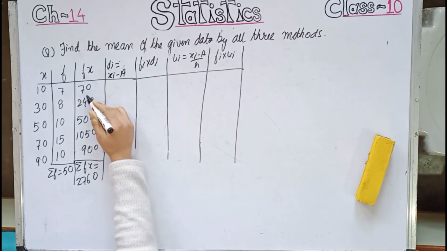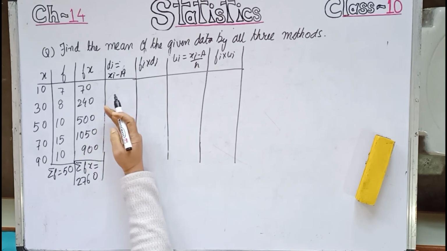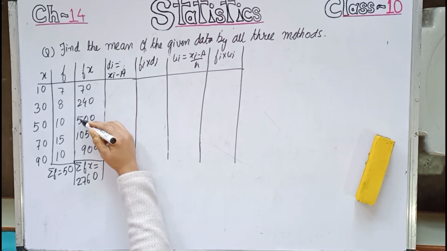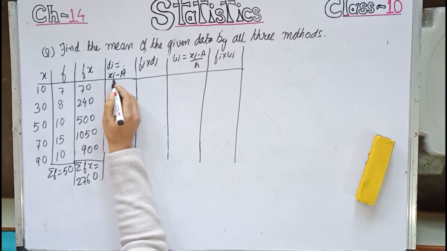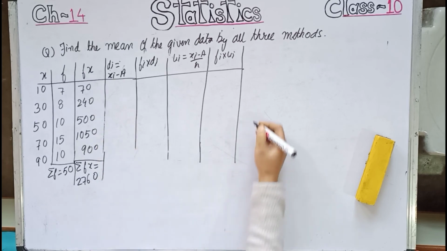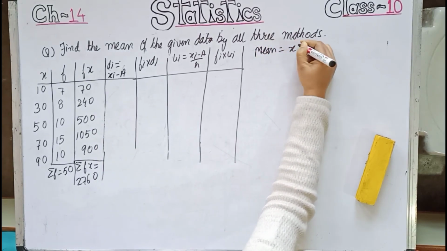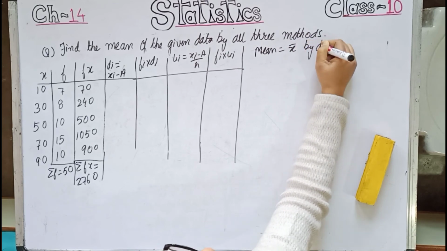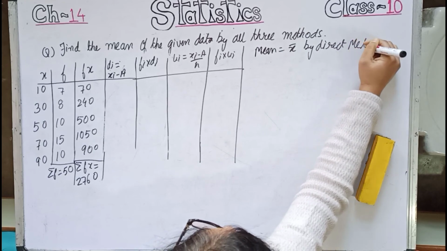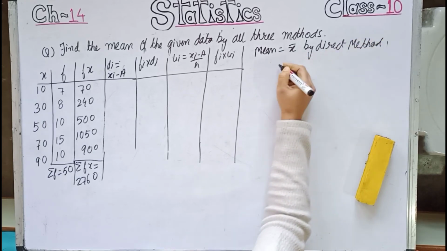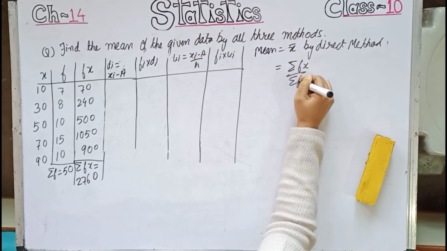Let us first check. Yes, correct. Therefore, we are finding the mean, x bar, by the direct method, equals summation fx by summation f.